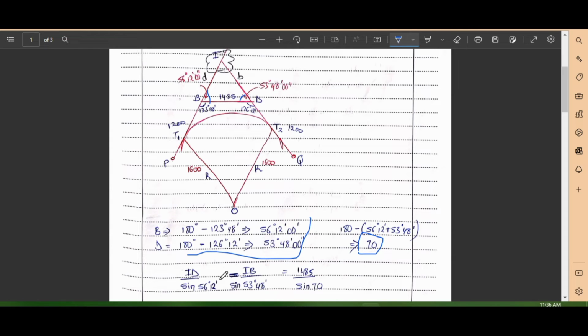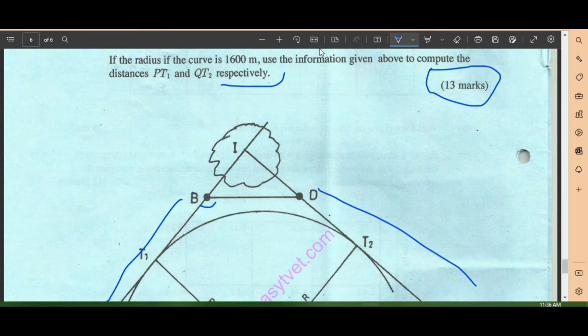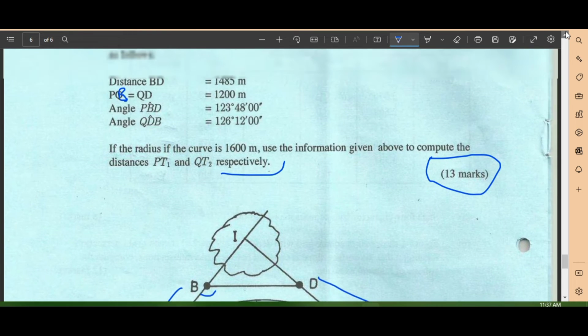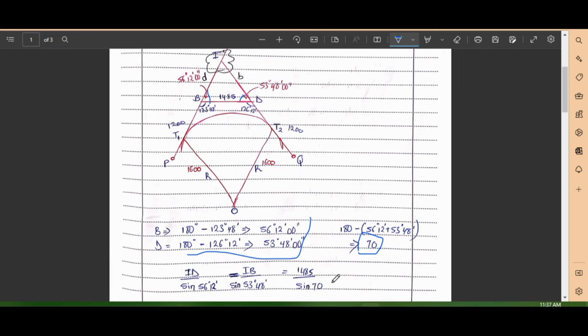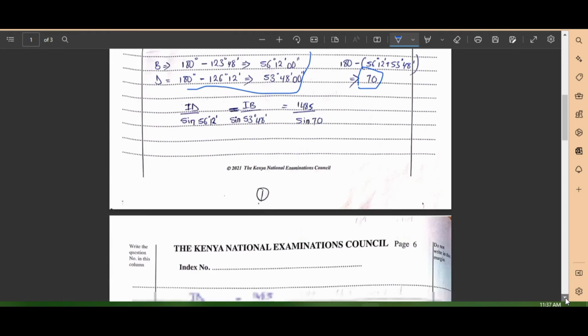So the distance ID over sine of its opposite angle is the same as the distance IB over sine of its opposite angle, is equal to the distance which we have already been given in the question, over sine of the angle of intersection.